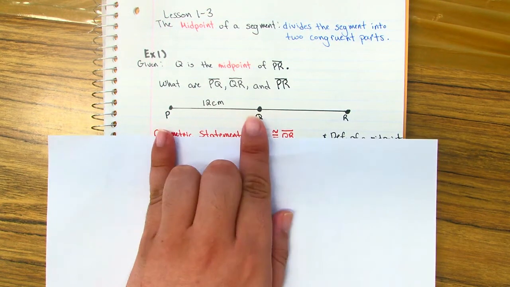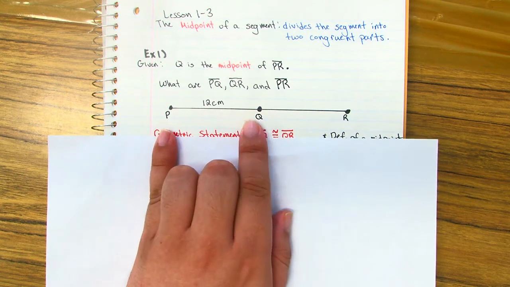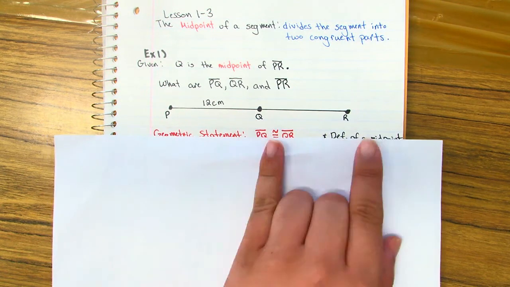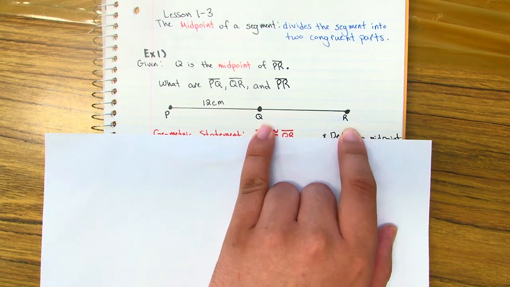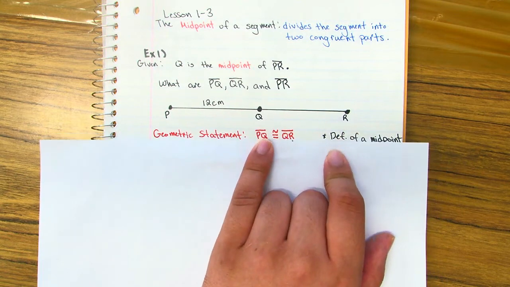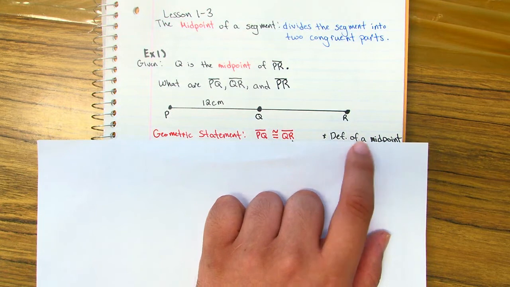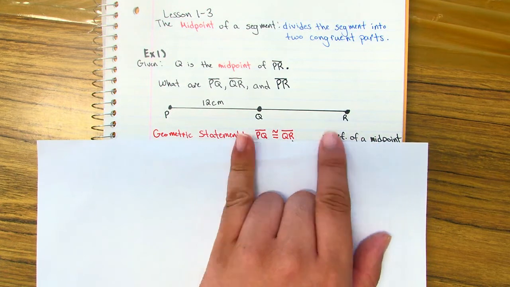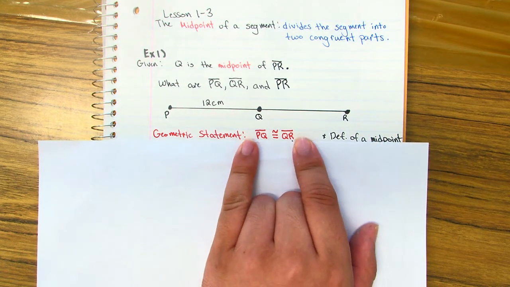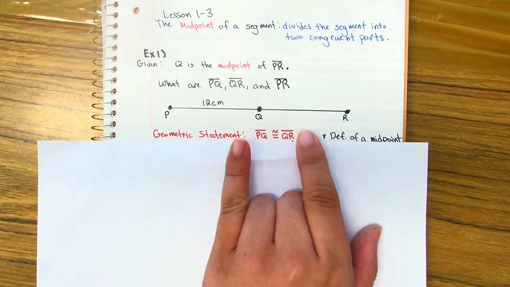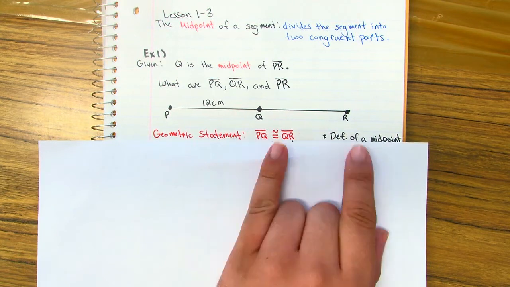What facts are we given that we know that PQ is congruent to QR? You know that it's because of the definition of a midpoint. How do we know that that's the reason for our statement? You can't just say PQ is congruent to QR without providing a reason.